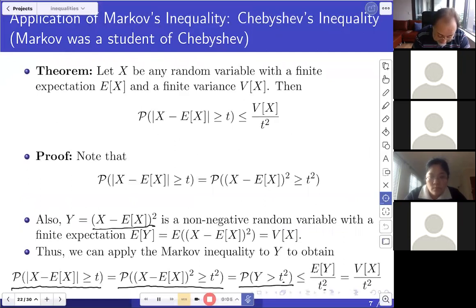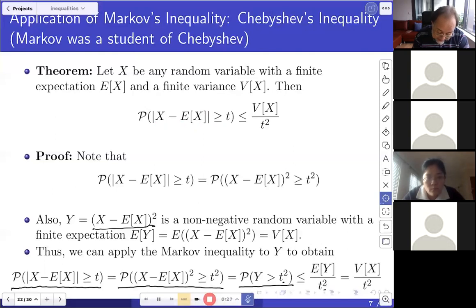Because the bottom line is that we don't like absolute value because it's a non-differentiable function and difficult to deal with. So we simply noticed that this is bigger than t if and only if its square is bigger than t squared.